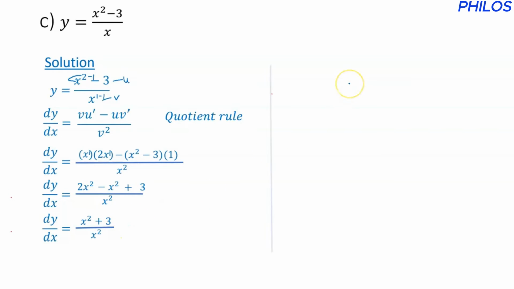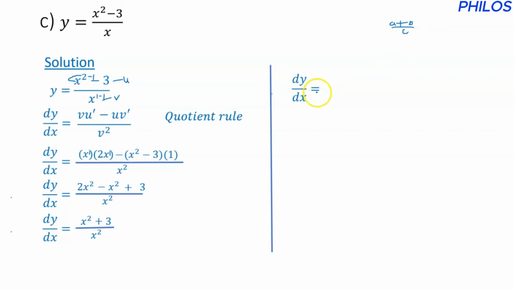But you can simplify it further by saying dy over dx is equal to... Now, you need to know that when you have, let's say, a plus b, all divided by c, you can rewrite it as a over c separately plus b over c.